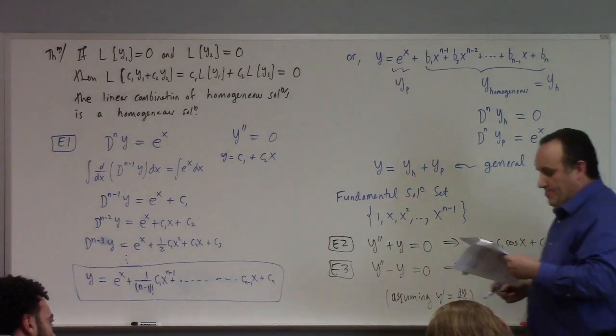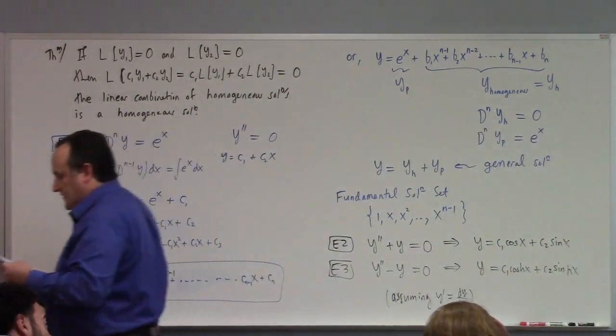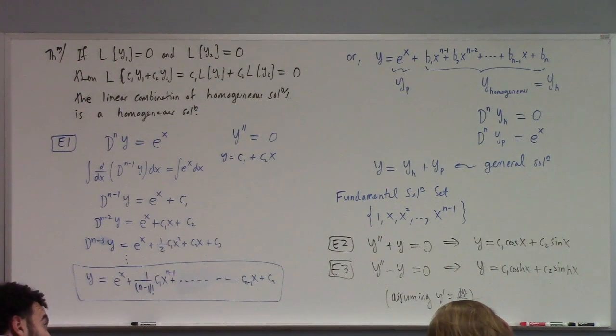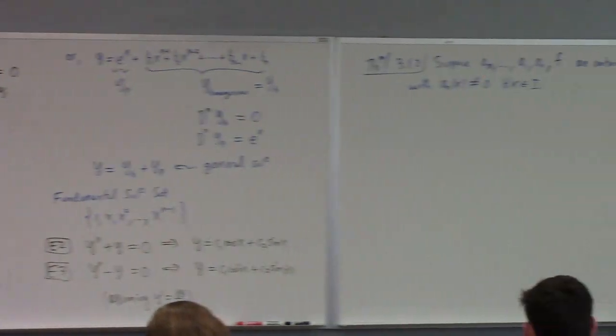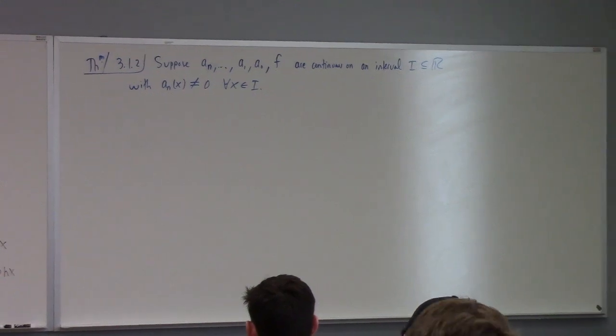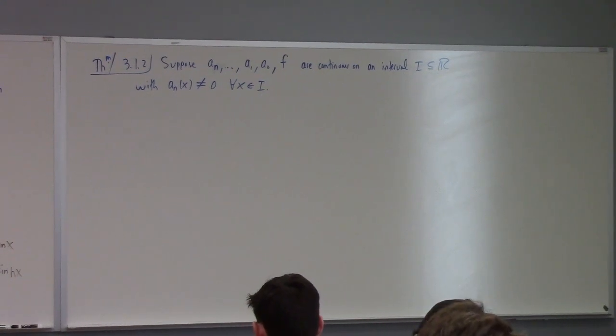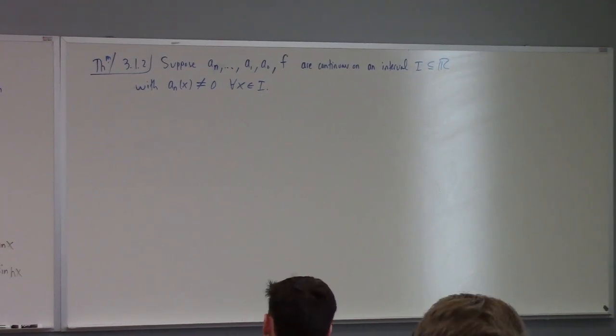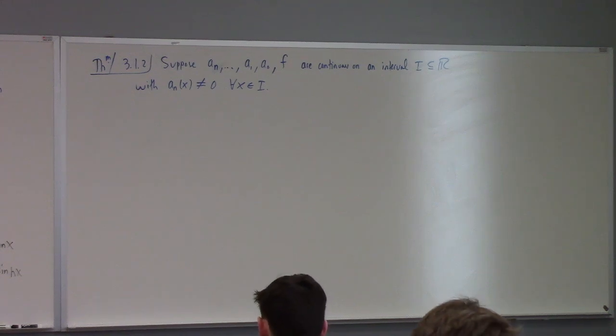So we're supposing that the leading coefficient a sub n is not equal to 0 on the whole interval, which is the domain of definition here. Then if you give me a point in the interval, let's call it x naught, and any set of n constants, which we're going to call y1 through yn, then this theorem says that there exists a unique function, phi, which solves this differential equation.